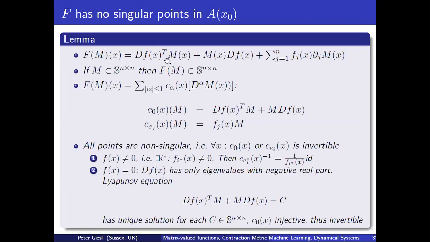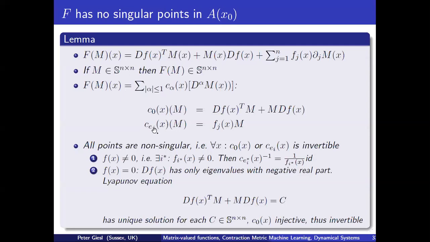The first thing to note is if m is a symmetric matrix, then also f of m is a symmetric matrix, which can be clearly seen. And then we can write f of m in this form as a differential operator of order 1. C naught are the contributions where just m comes in. So it's these two terms here.